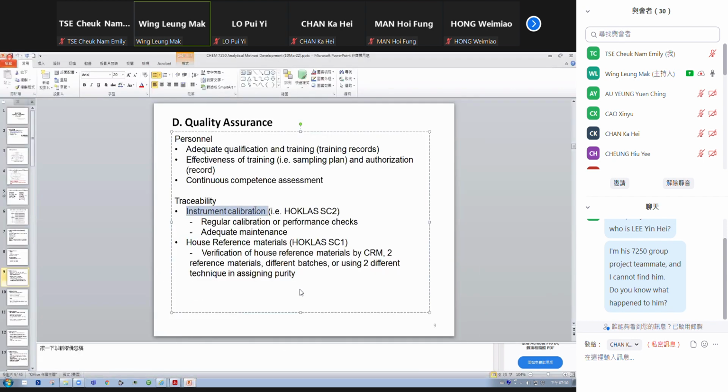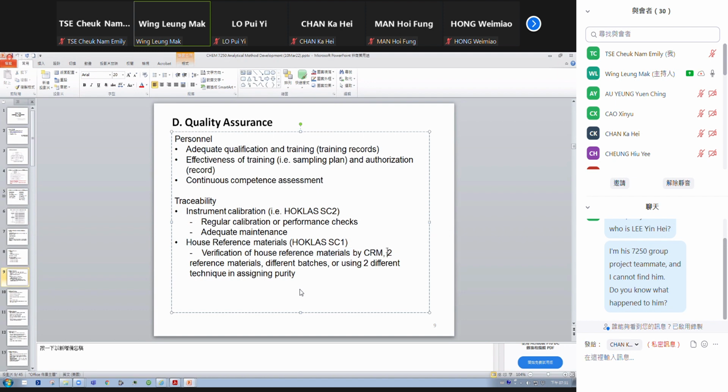For the instruments calibration. For the reference material, yes, we buy reference material of high accuracy. That means you buy a very expensive ruler for your measurements. Very high purity, we call it reference material or certified reference material.